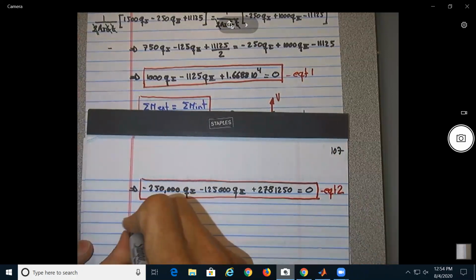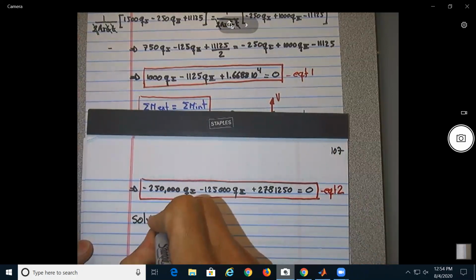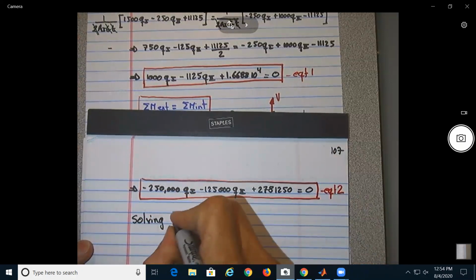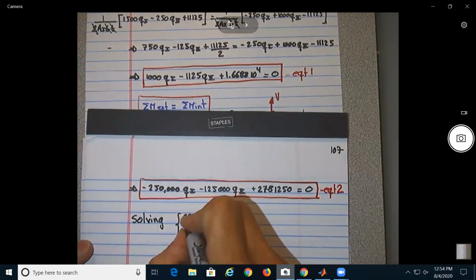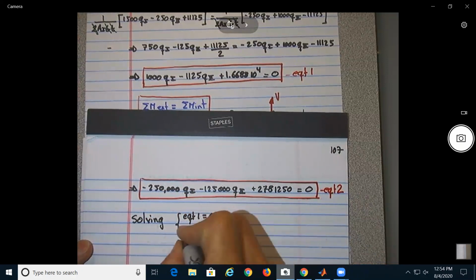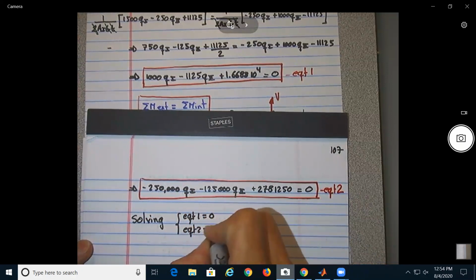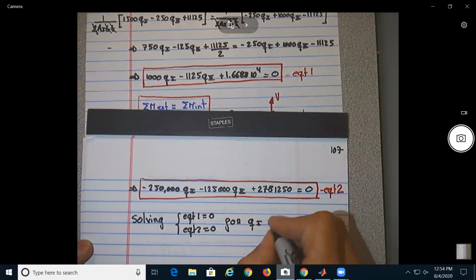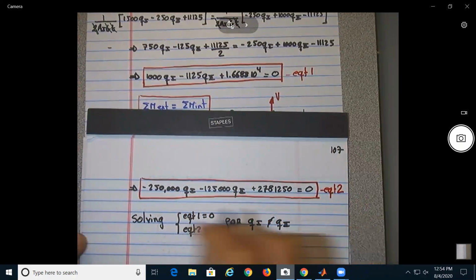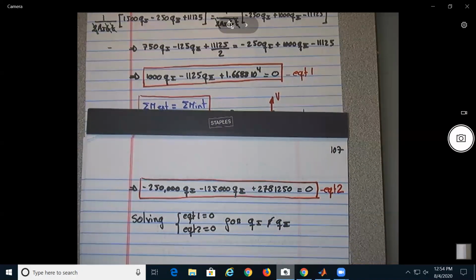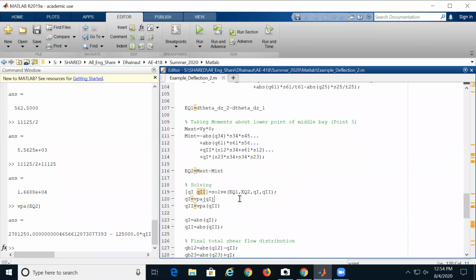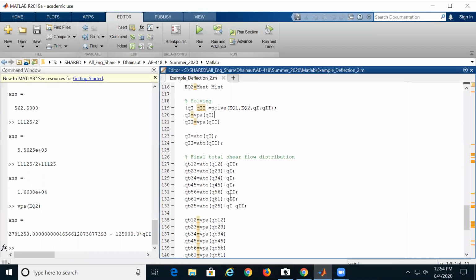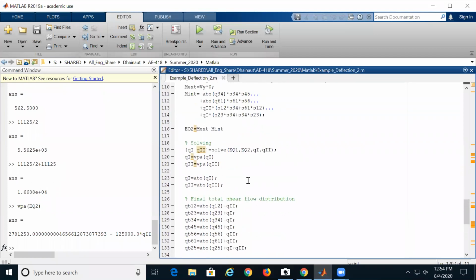So solving the system of equations for Q1 and Q2. I mean, guys, you are trusting me here a little bit too much on this code, huh? I did it yesterday very quick, so that's what I was hoping. All right, so let's see.